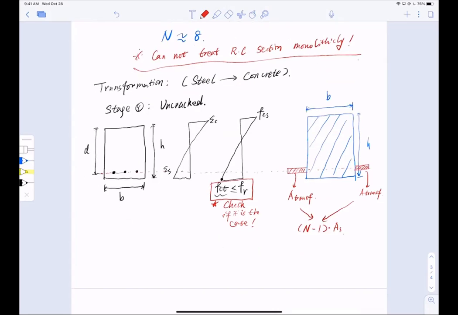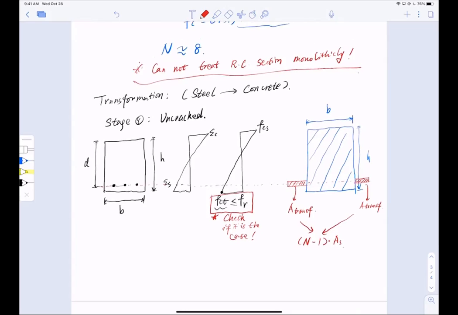Recall, we define n as the stiffness ratio between steel and concrete. If I have 1 square inch of steel, that equals n times that much concrete. But this is just the steel, and the original area occupied by the bar has to be removed.